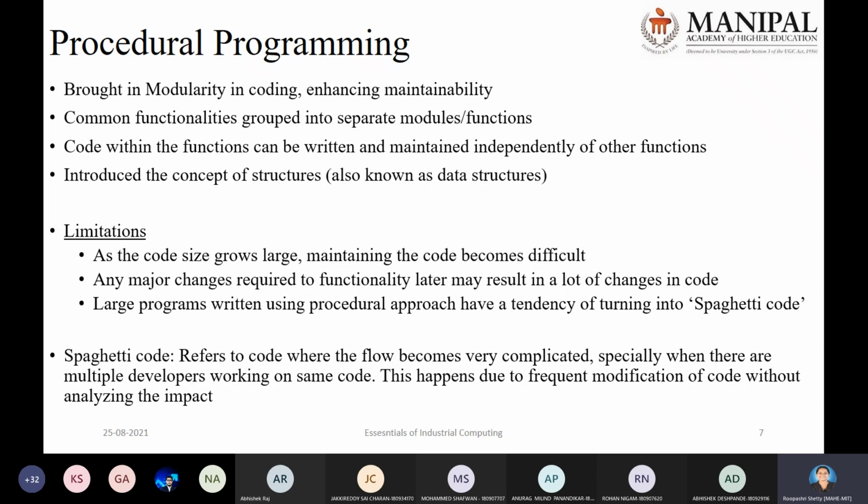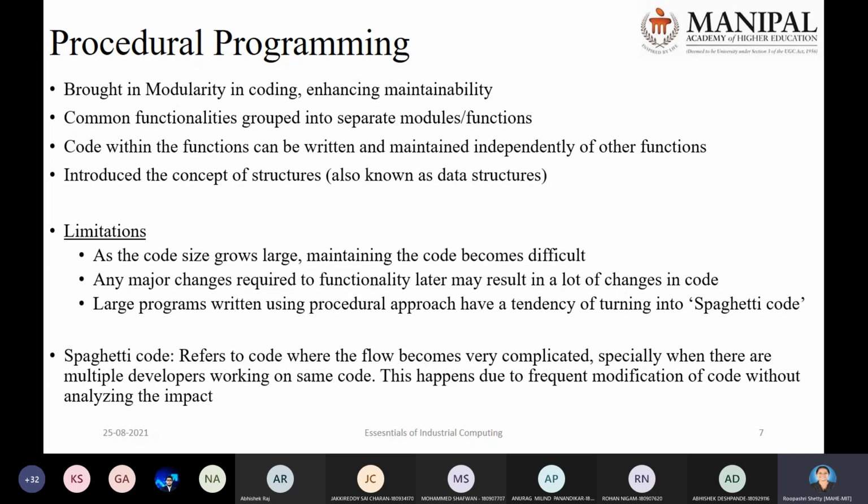When all these 10 people are trying to modify that one program, I change one instruction or one function, and the other person applies some changes on the change I did, without analyzing the impact. Initially he thought that function is just computing a plus b, but later, as per the requirement, I changed the code to compute a plus b plus c, and others are not aware of the changes I did. He thinks that I have not modified anything and applies some other changes to the same code, right?